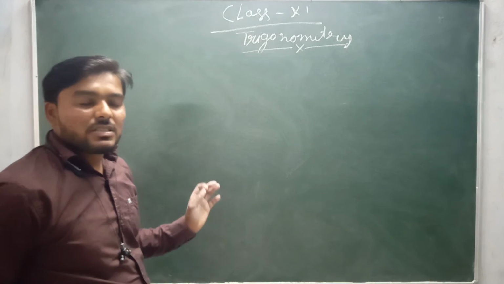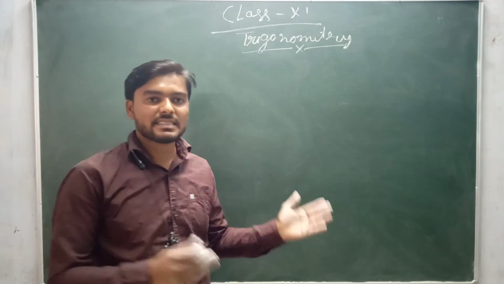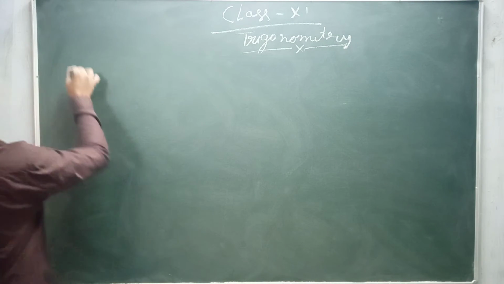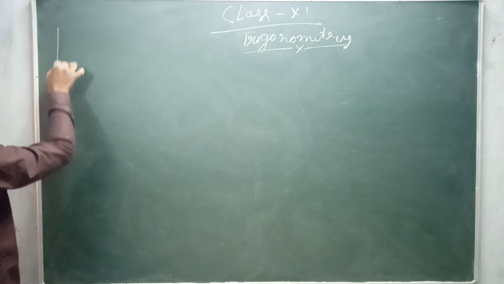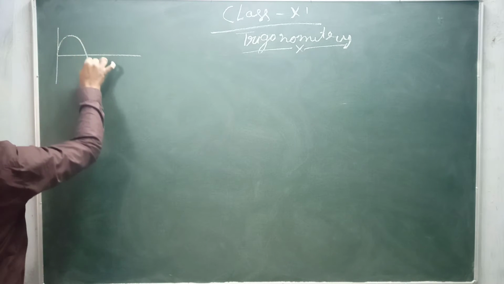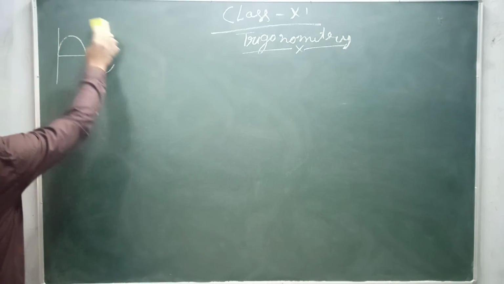Now we are going to plot cos, tan, cot, sec, cosec. Just take the four quadrants.